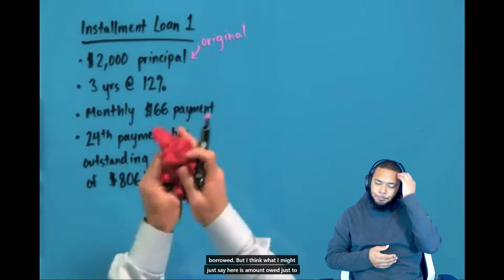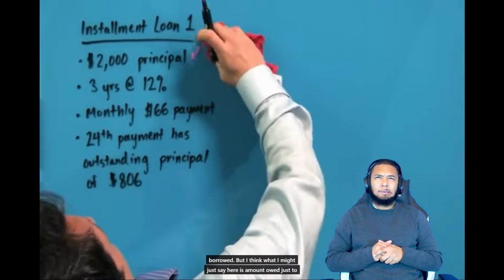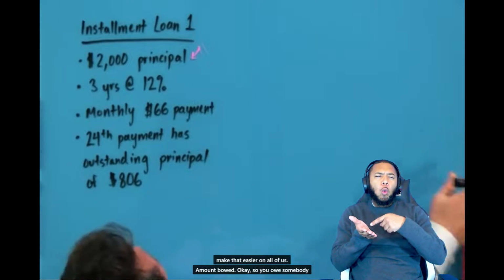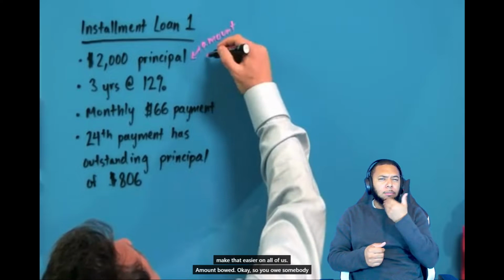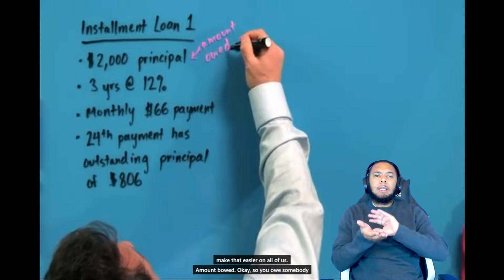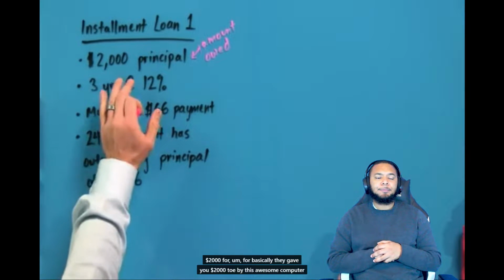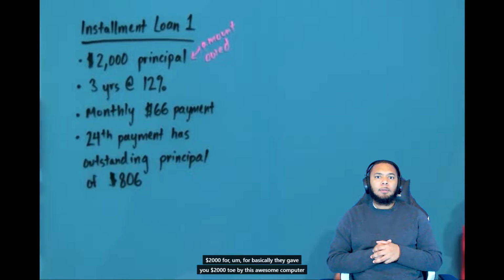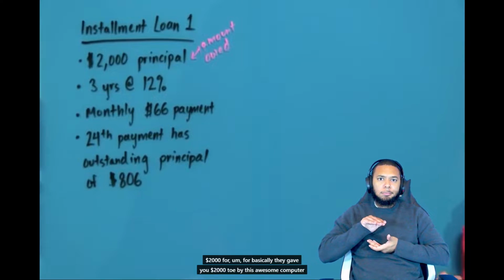But I think what I might just say here is amount owed, just to make that easier on all of us. Okay, so you owe somebody $2,000. They gave you $2,000 to buy this awesome computer.